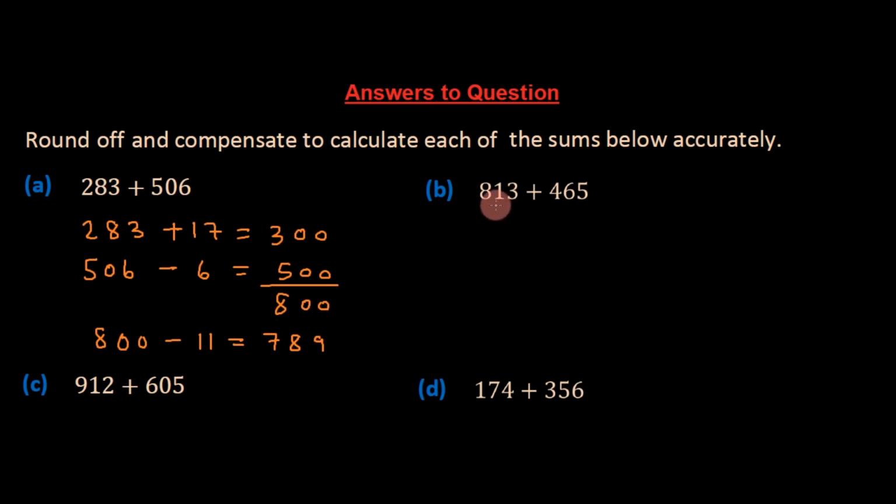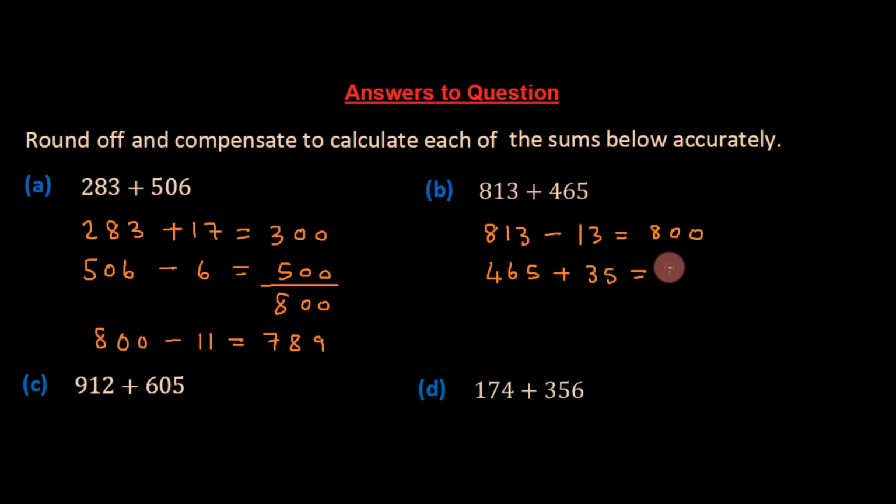Let's go to B. We're going to take 813 and round it down to the nearest 100. So 813 less 13 is going to give us 800. And 465, we're going to round up to 500. So we're going to add 35.